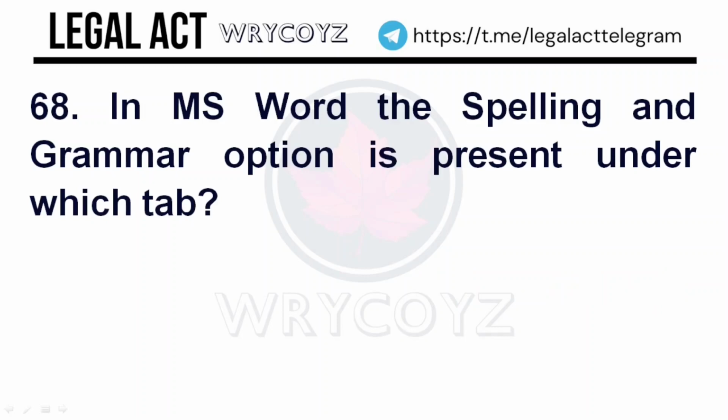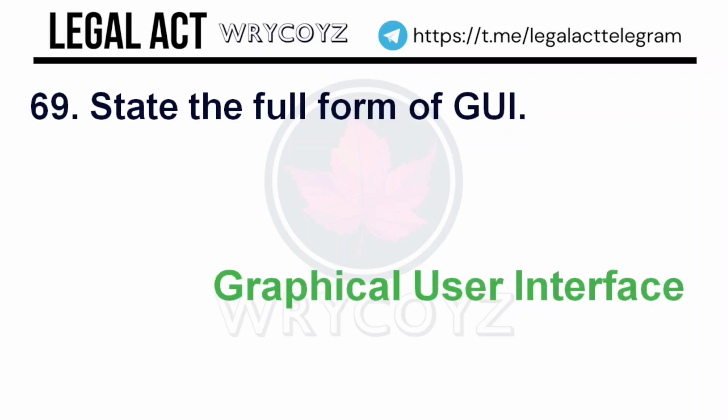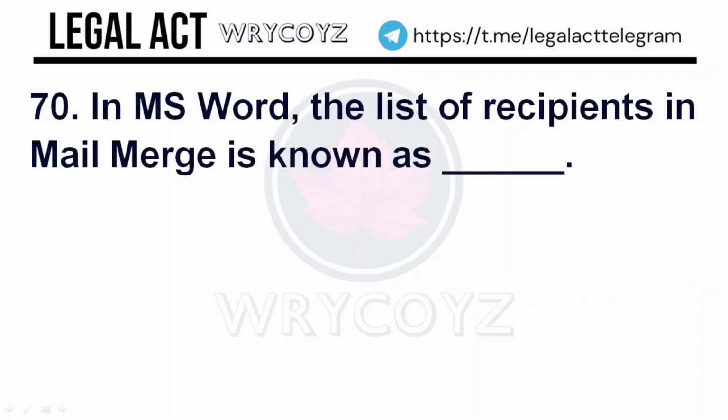68. In MS Word, the spelling and grammar option is present under which tab? The answer is Review tab. 69. State the full form of GUI. The answer is Graphical User Interface. 70.